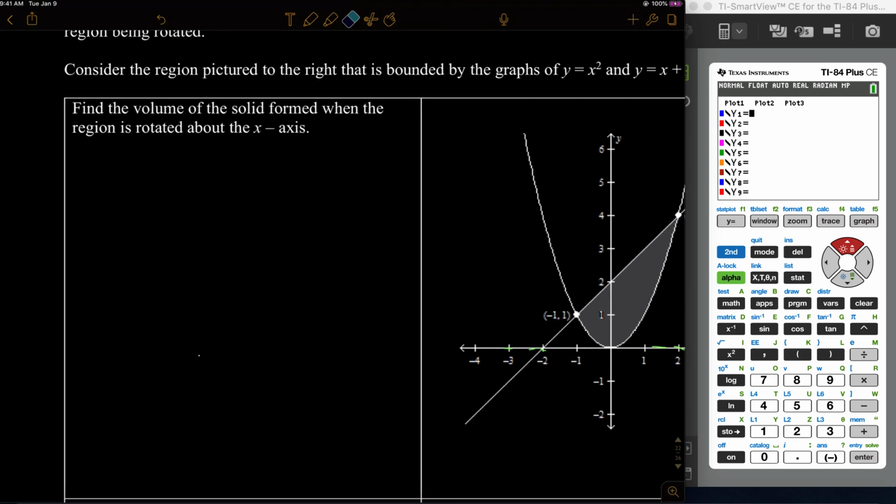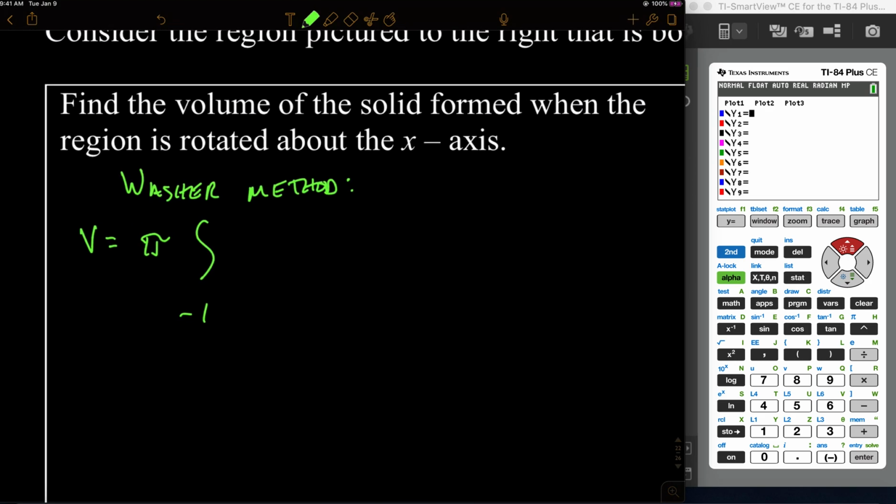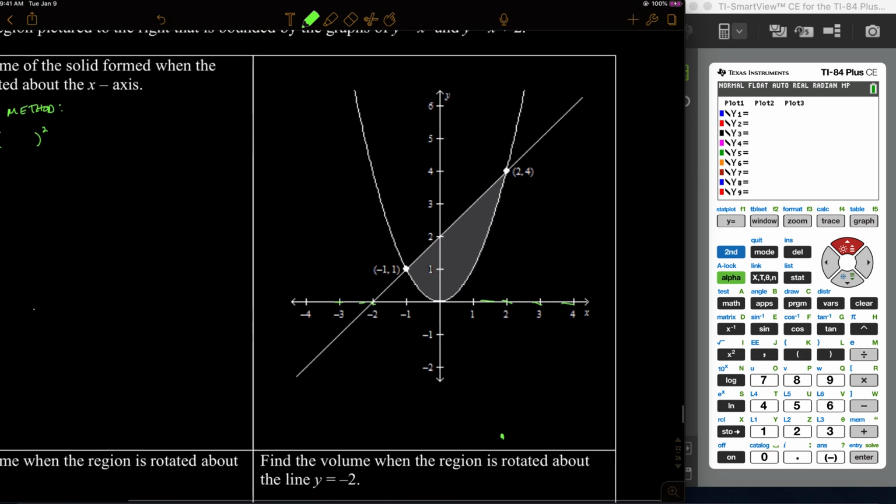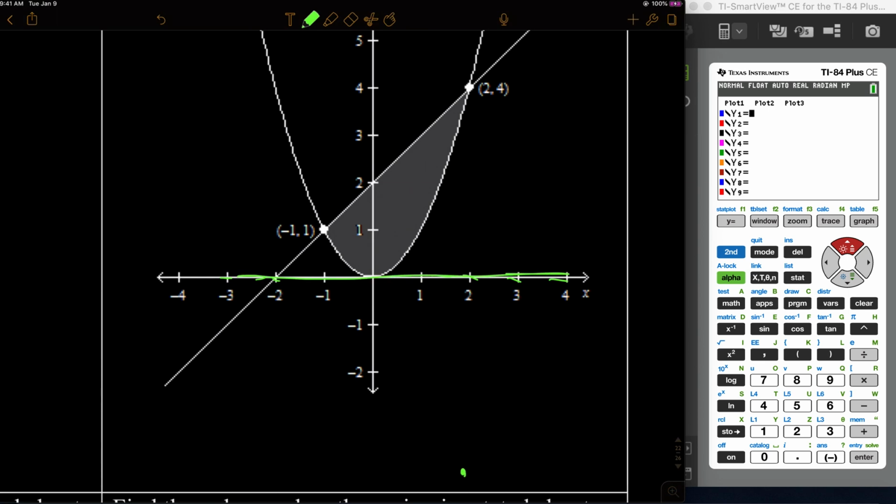So since we're doing washer method, we've got to punch out the middle of each washer. That means the volume is going to be equal to pi from -1 to 2. And now we need the big R squared. So the big radius, if this is our axis of rotation, we're going to go from the outermost function down to the axis of rotation.